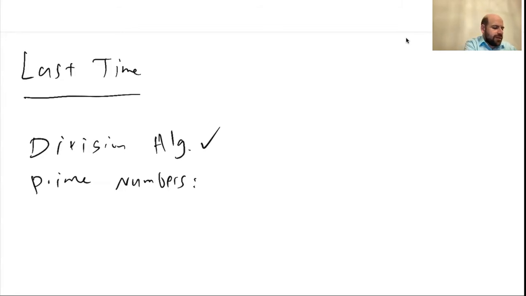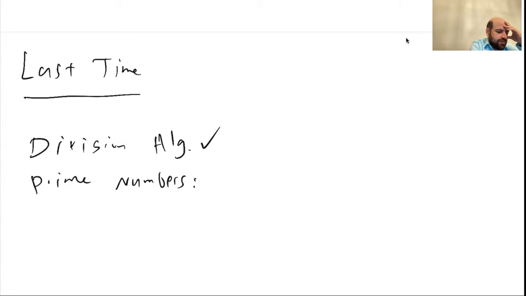Okay, now we want to look at the number of primes. How many primes do we have? So the question: do we have an infinite number of primes? And the answer to this is yes.